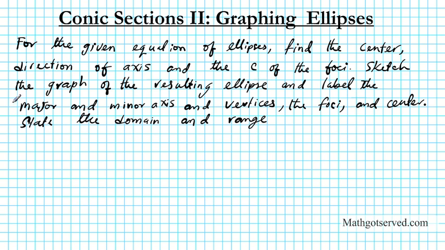So for question number 1, we're going to be dealing with the function. All right. So we're going to be graphing the equation (x+2)² divided by 1 plus (y-3)² divided by 4 equals 1.